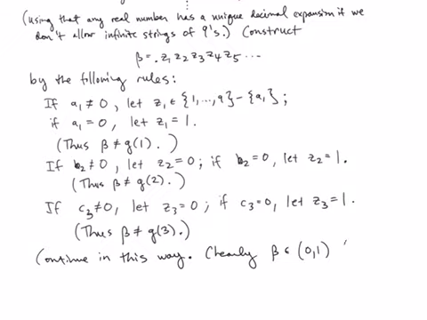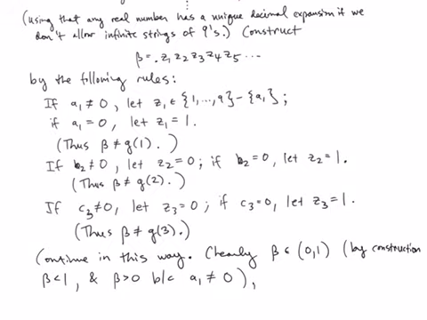By construction, beta is less than 1, and beta is bigger than 0 because the first decimal place is not equal to 0.